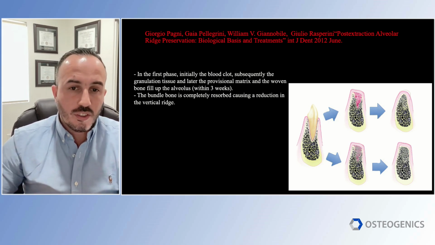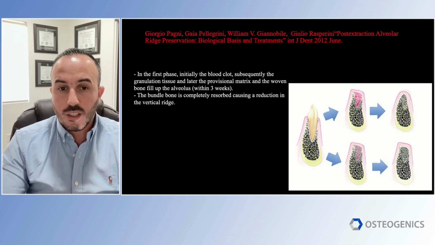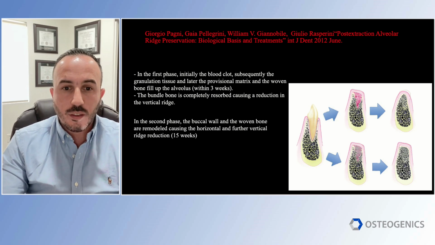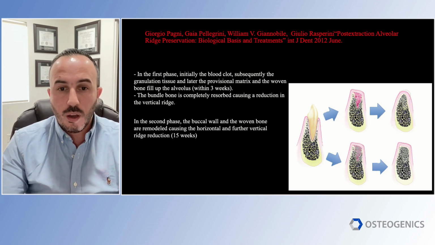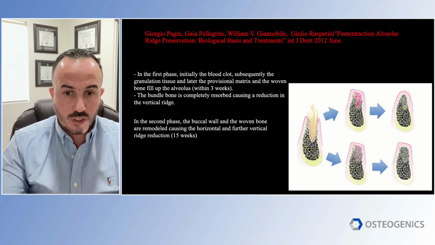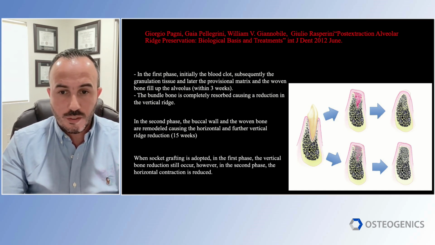And the bundle bone that I just discussed is completely resorbed, causing a lot of vertical ridge reduction. The second phase is when the buccal wall and the woven bone remodel further, causing horizontal ridge reduction and some vertical ridge reduction, and that's by 15 weeks.